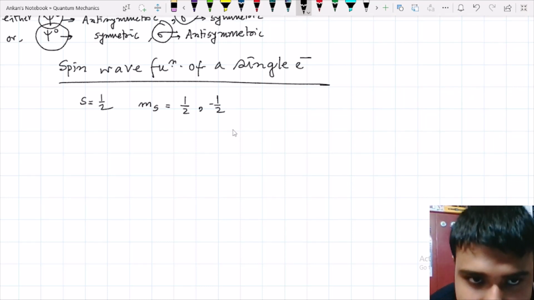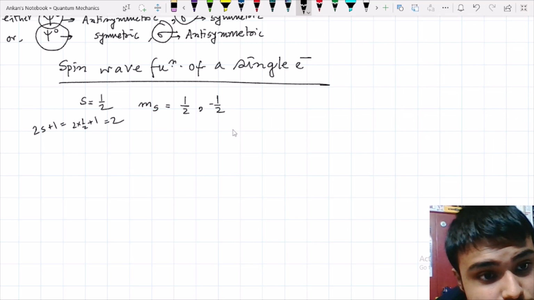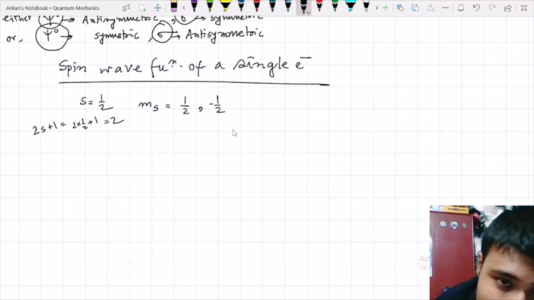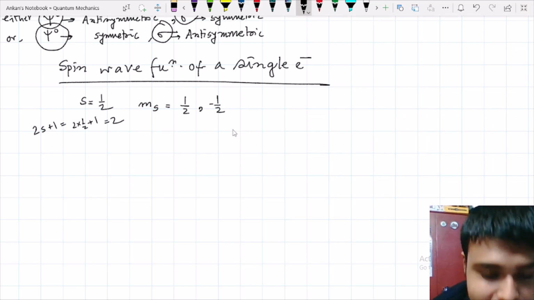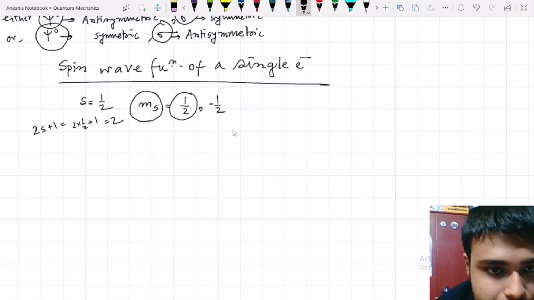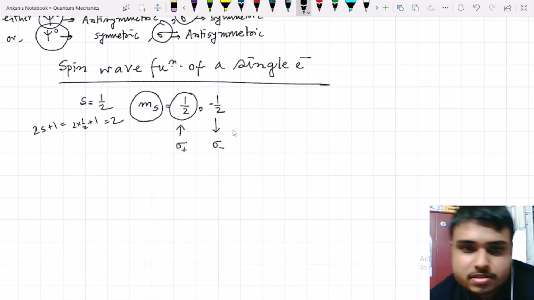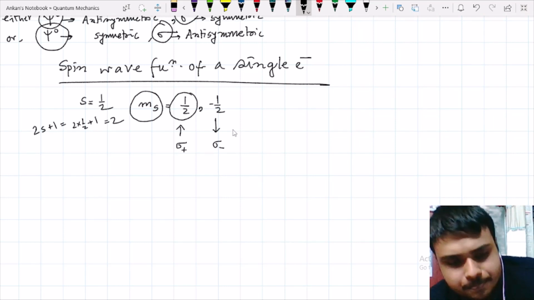There are two possibilities of ms, because the multiplicity 2s plus 1 is equal to 2 into half plus 1, that is 2. So there will be two projections of spin angular momentum along the z-axis. It may be up spin, denoted by sigma plus, or down spin with minus half, denoted by sigma minus.